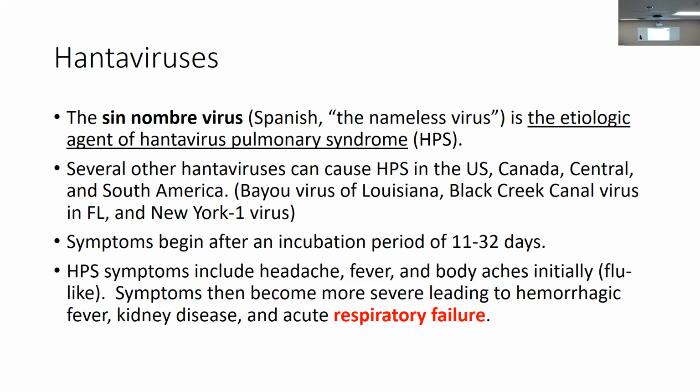What we've always thought about, here comes the patient with hemorrhagic fever and blood coming out of everywhere. But since y'all are lab professionals, it's dealing mainly with the inability to clot blood. Okay, so that's where it gets its name, hemorrhagic fever. Kidney disease and acute respiratory failure.